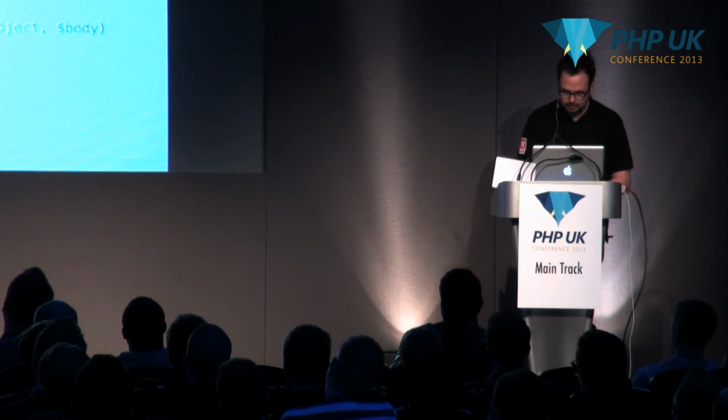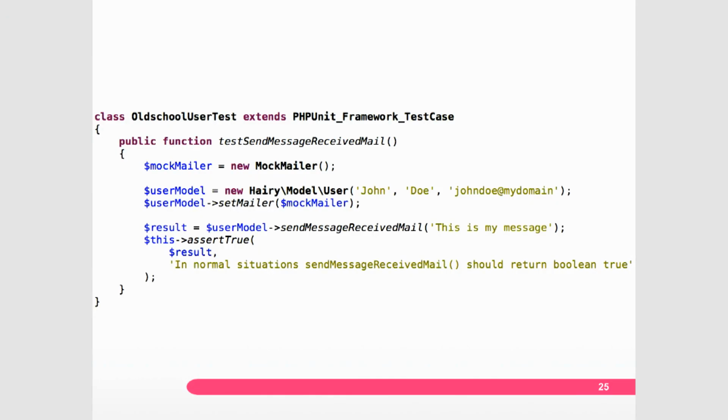So if we go back to the original code, this mailer object is now my mock mailer, right? So this send method isn't actually going to send anything, it's simply going to return true. And I can now test this method without worrying that anything bad is going to happen. So that's how we used to do it.